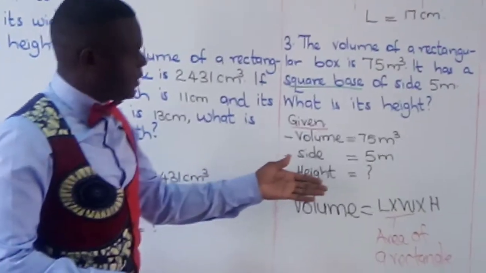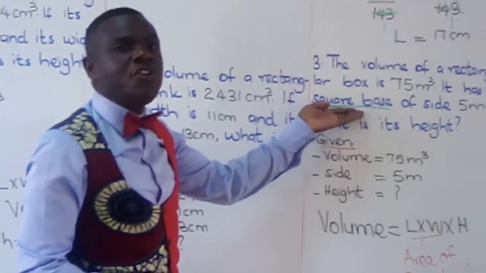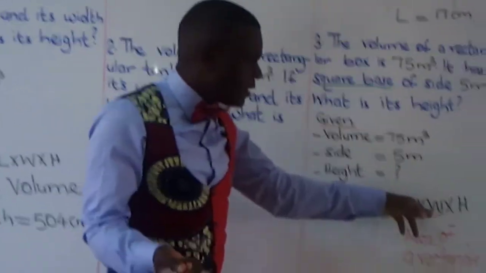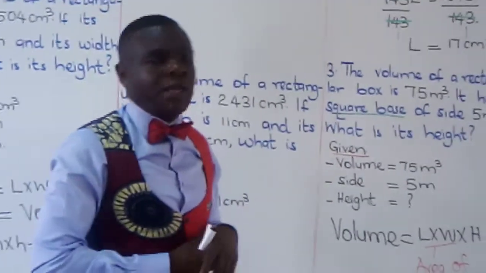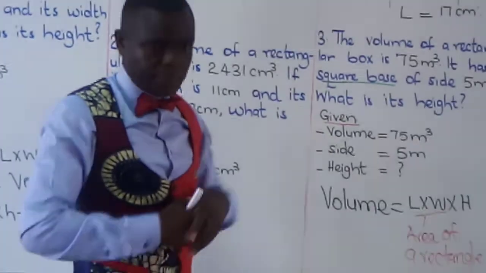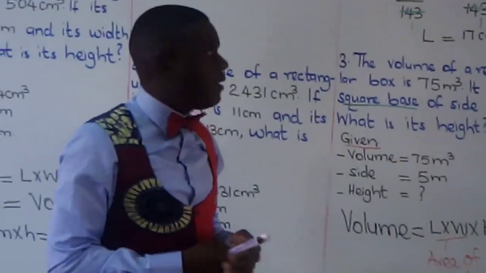But look at this. The base is a square and not a rectangle. What would we say? Instead of length times width, it would be length times length, because if it's a square, then the sides are equal. The sides of the square base are equal.